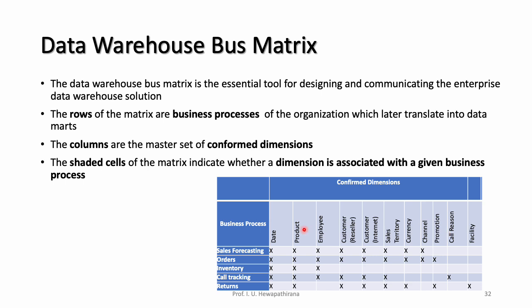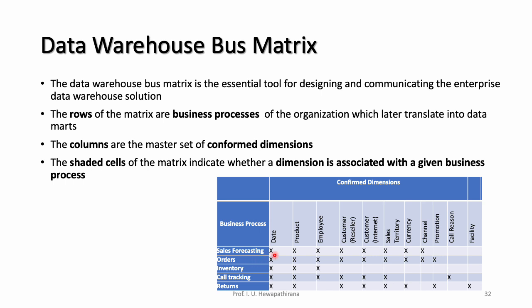After we have the conversation with the business user, we can list down the business processes and the dimensions that we identify for the processes. Then we can indicate whether each dimension is associated with a certain business process.